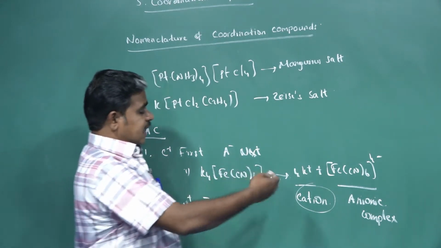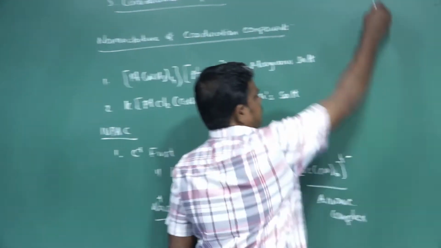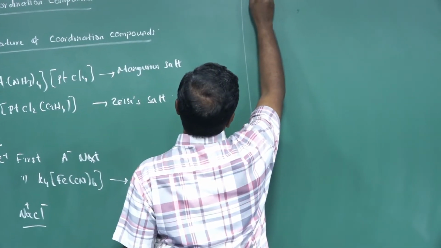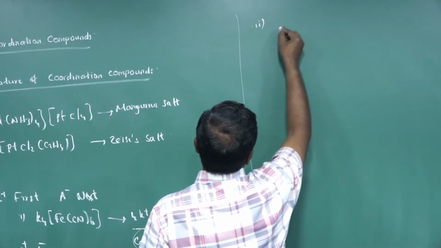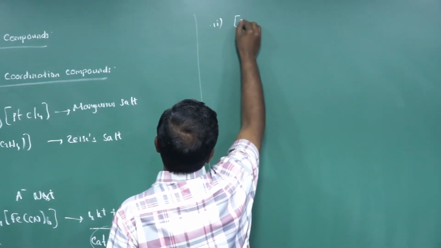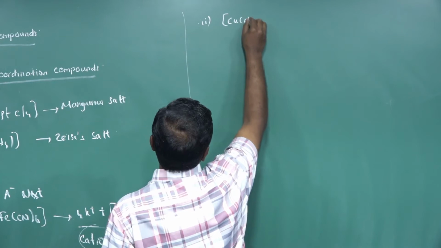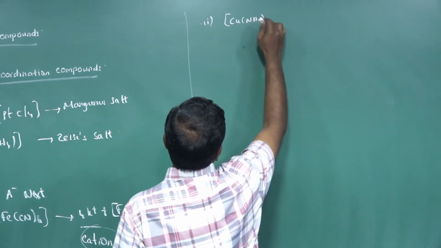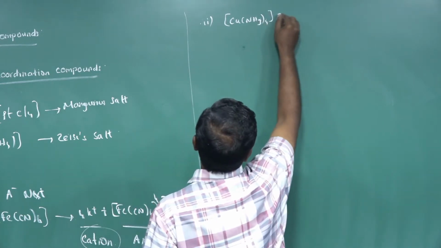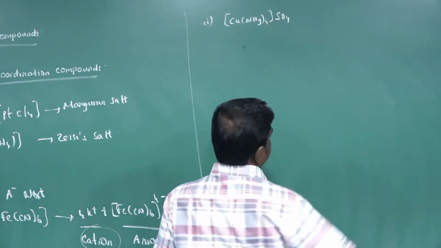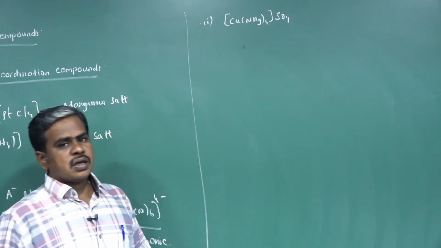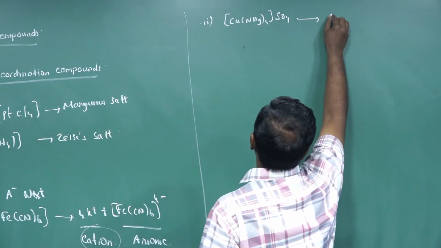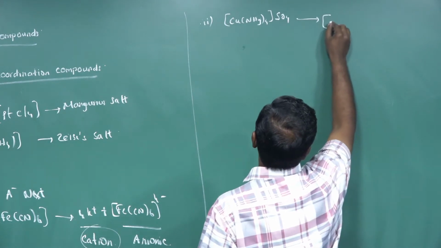Then if there is a cationic complex, suppose we are taking the second example, that is [Cu(NH3)4]SO4. Now if you split it, first we get the cationic complex. So what is it?